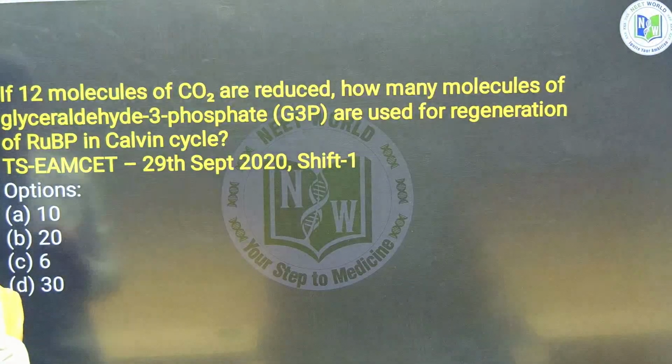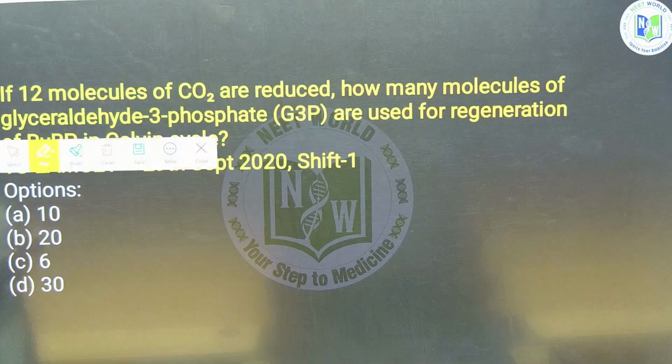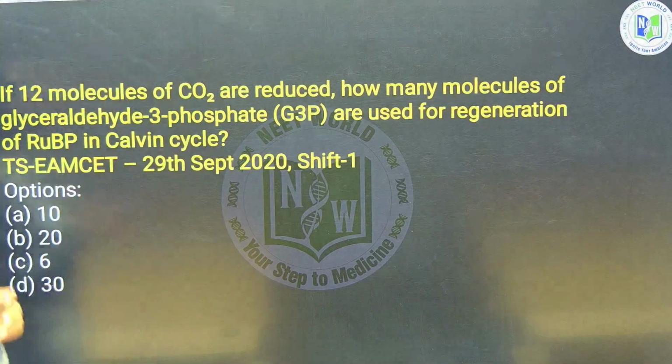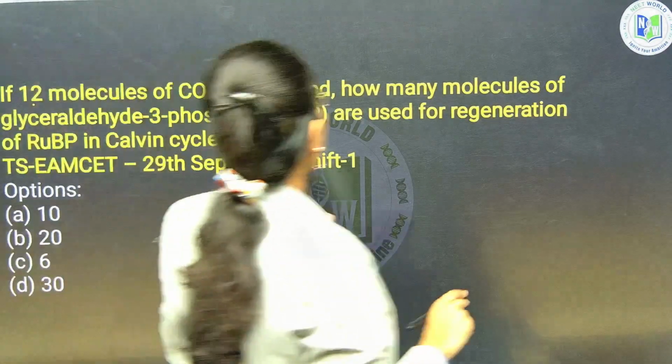Next. If 12 molecules of carbon dioxide are reduced, how many molecules of G3P are used for regeneration? How much G3P is used for regeneration of RuBP in the Calvin cycle? Here you see 12 molecules of carbon dioxide are reduced.